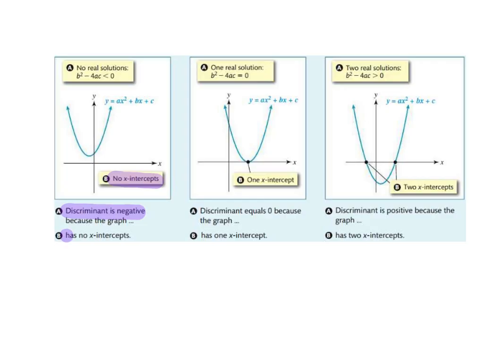Again, we have no x-intercepts. When it's equal to 0, we have one x-intercept, and remember that this is going to be our vertex. And the last one we have is when it's positive, we have two x-intercepts, and it's going to look something like this.